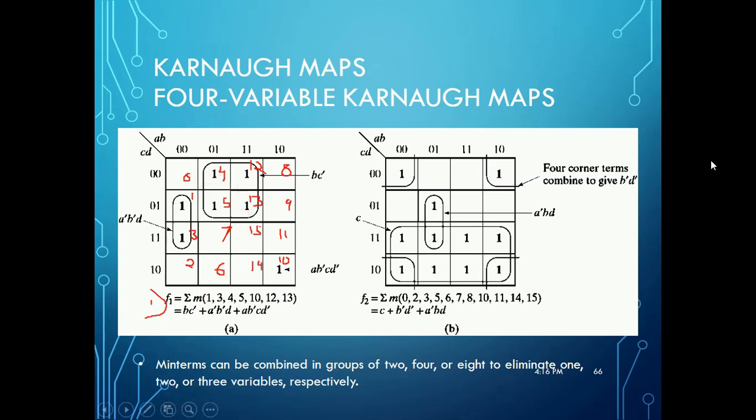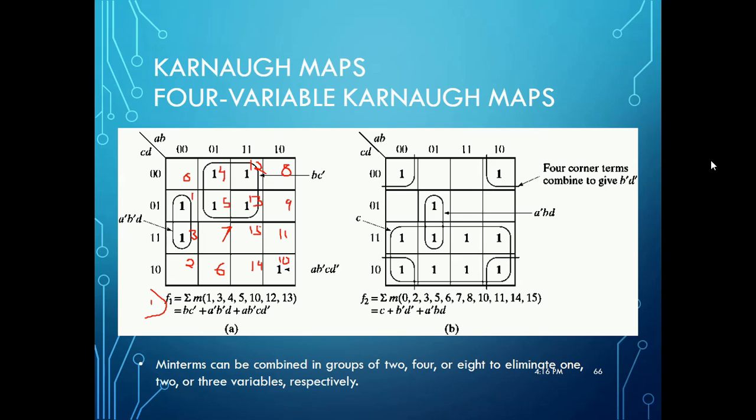So now after that step, you have to pair, or we have to group the ones. So what you can see in this particular problem is, after mapping you have to group the ones. Here, which is the largest group you can see? It is the quad, is it?